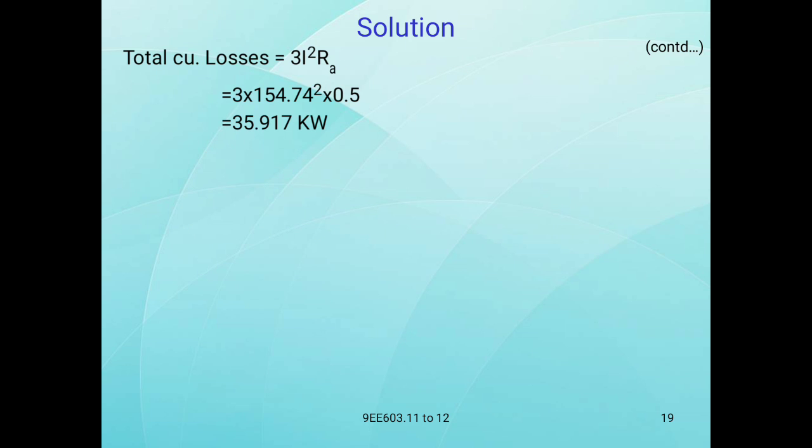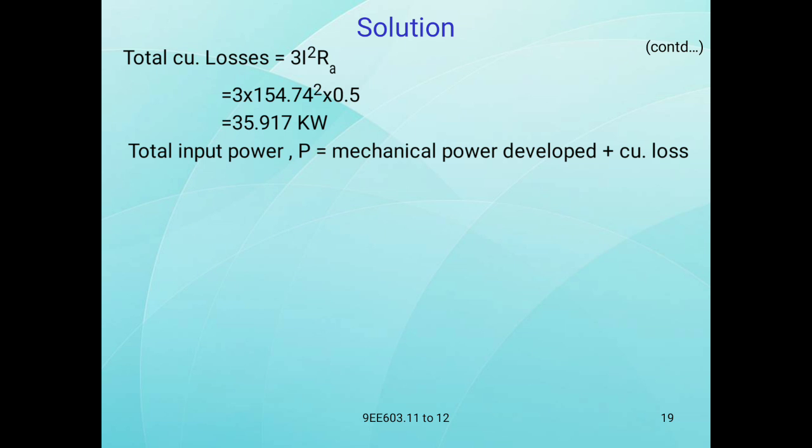Total copper losses in three phase are 3 into I square Ra, that is 3 into 154.74 square into 0.5, which is 35.917 kilowatts.